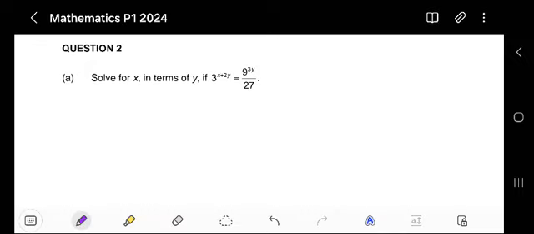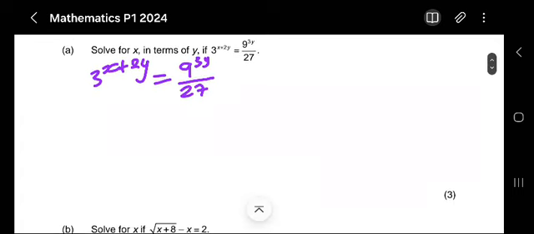Right. Now let's check question 2. We're given question 2: solve for x in terms of y. They say in terms of y. If we have given 3 raised to the power of x plus 2y, this will be equal to 9 raised to 3y divided by 27.